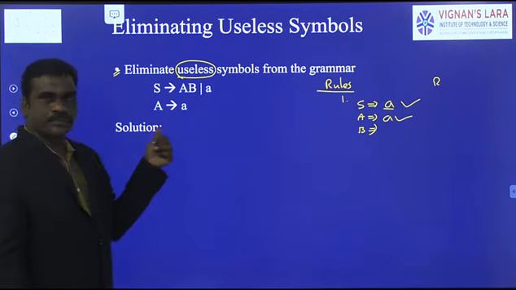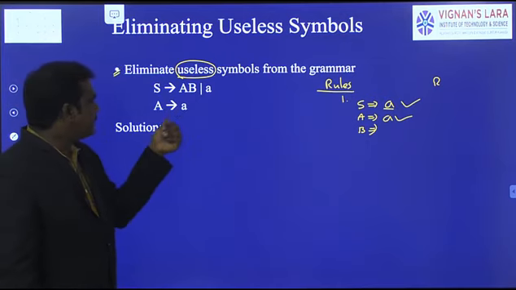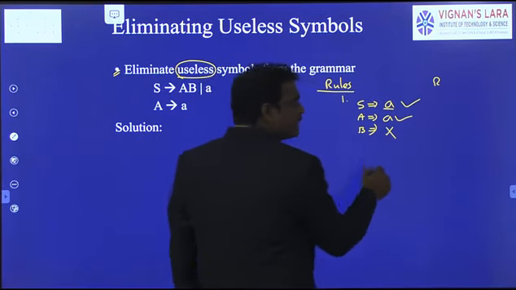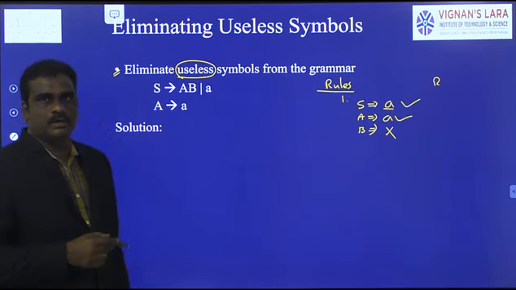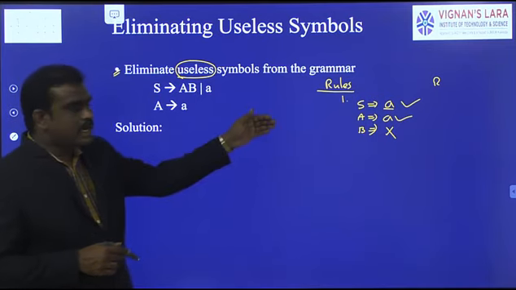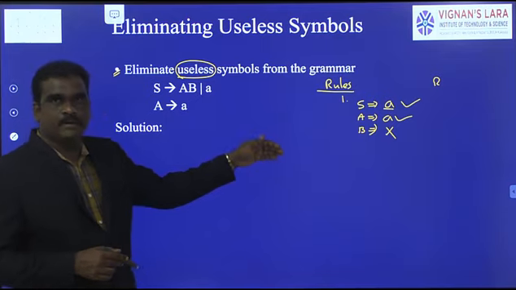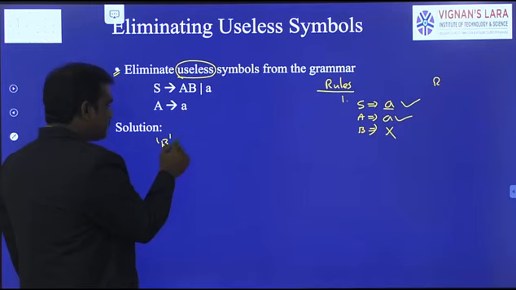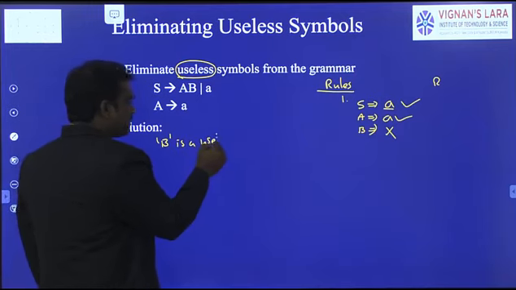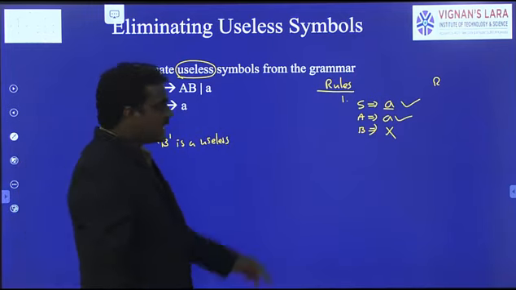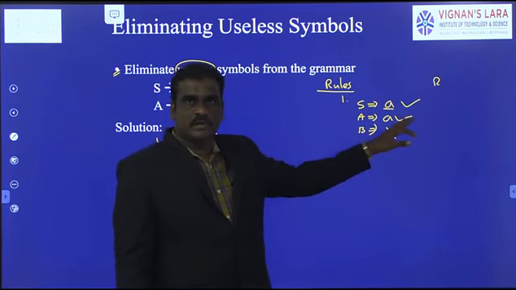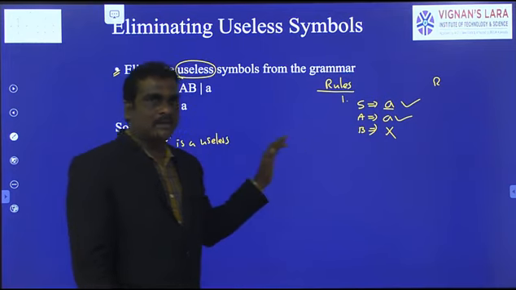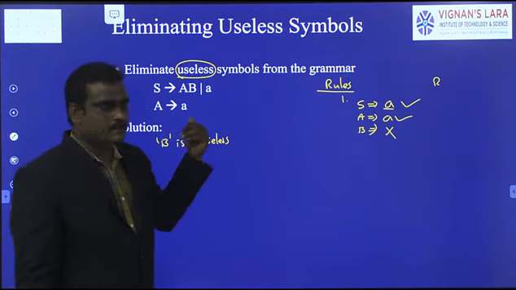What about B? B is a non-terminal, but here B doesn't have any productions. That means B does not derive any terminal or string of terminals. So in rule 1, we identified B as a useless symbol, because as per rule 1, each and every non-terminal derives a string of terminals, whereas in this case B is a non-terminal and B doesn't have any production.